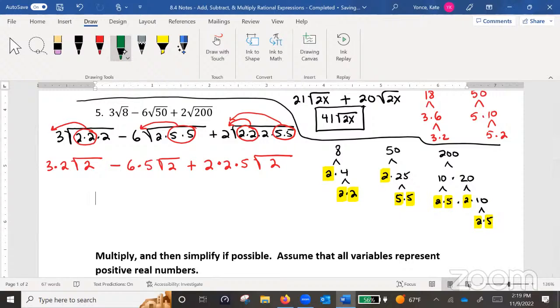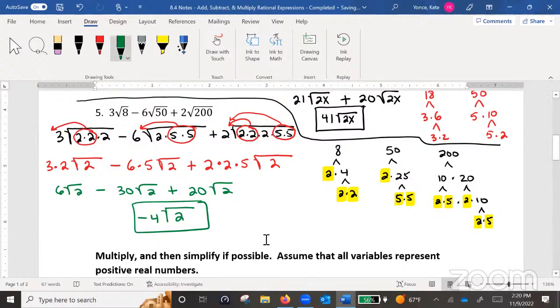So then what do we get? 6 square root of 2 minus 30 square root of 2 plus 20 square root of 2. So they all are like terms, so we can put them all together. What do you get? Square root of 2.